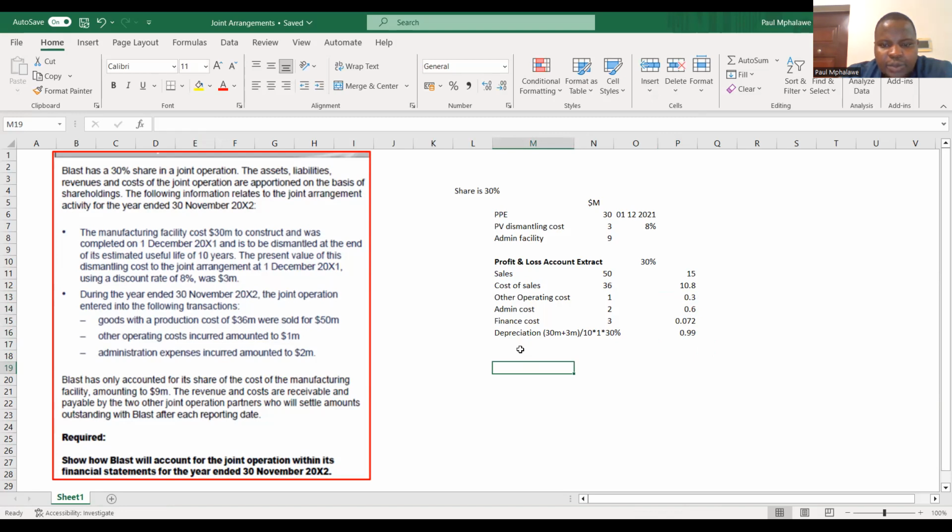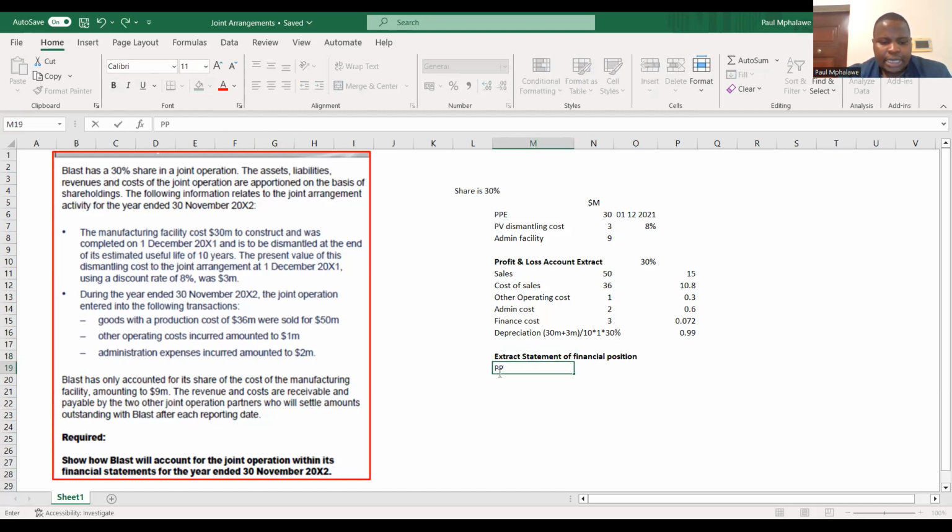So there's another aspect that we need to account for. That is the statement of financial position extract. What are the things that we should take here?